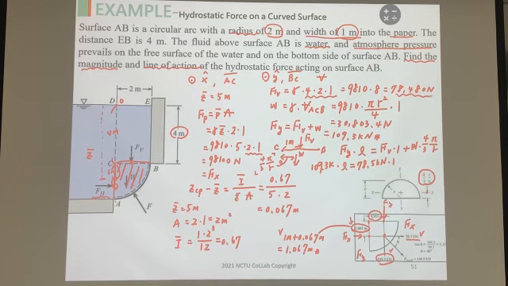I just follow this, okay? Plus the 30.8 kilonewtons multiplied by these items. So I compute the number of these items.